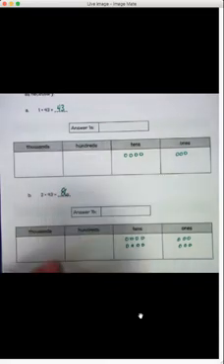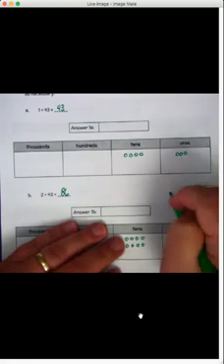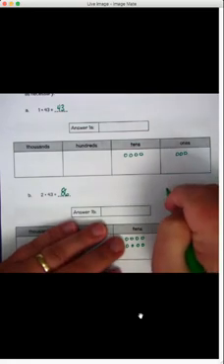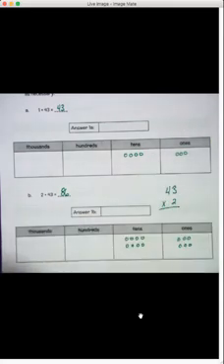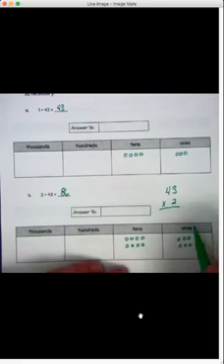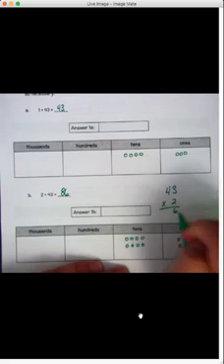But now let's look at that in standard algorithm form, which is just the way that me and your parents learned to multiply. 43 times 2, just like that. We're going to do the partial products method that he was showing us. So we learned that 2 times 3 ones is 6 ones.